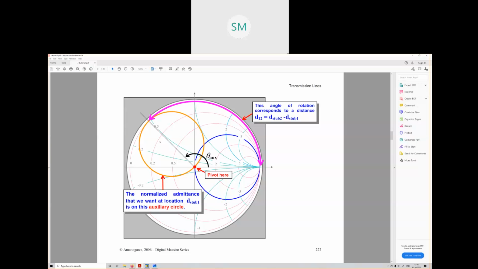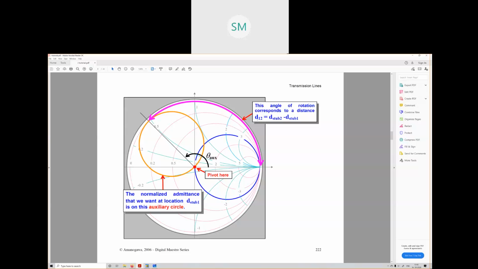Second thing, we desired that after moving exactly this stub 2 minus stub 1, this d12, after moving this distance along the line, we will reach the blue circle. After moving this distance, we reach the load point 2, where the admittance must lie on the blue circle.